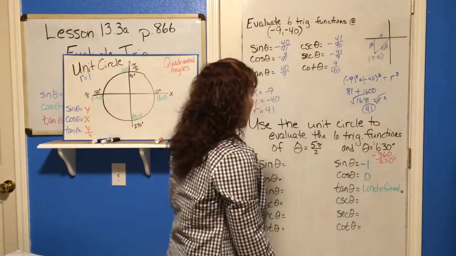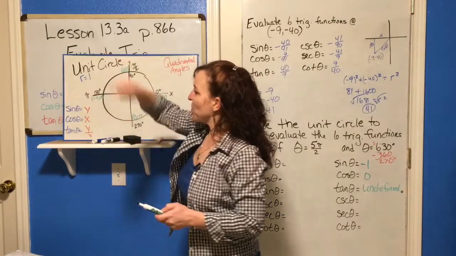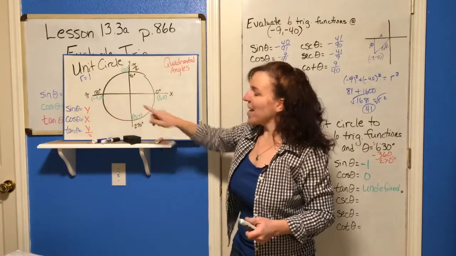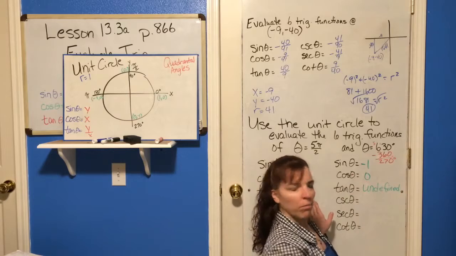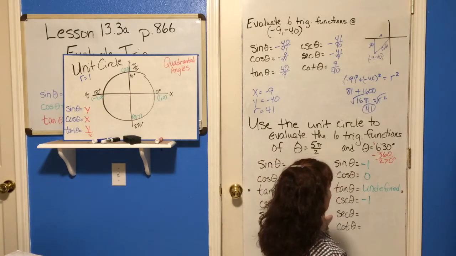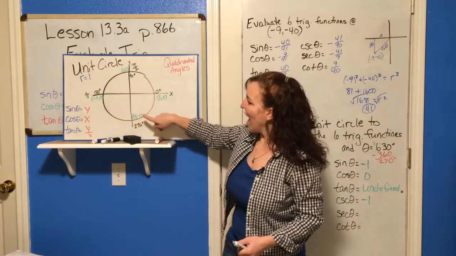The cosecant is going to be the reciprocal of sine, so it's going to be 1 over y, and we said that y is -1, so it's going to be 1 over -1. 1 over -1 is still -1. And the secant is going to be 1 over x.